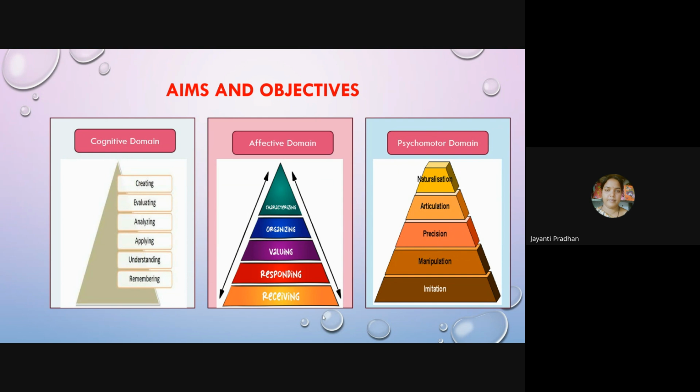So the broader level at the bottom represents that many of the learners are able to attain these levels of the particular domain earlier. Then gradually in a hierarchy, they attain the subsequent levels present in the respective domains.